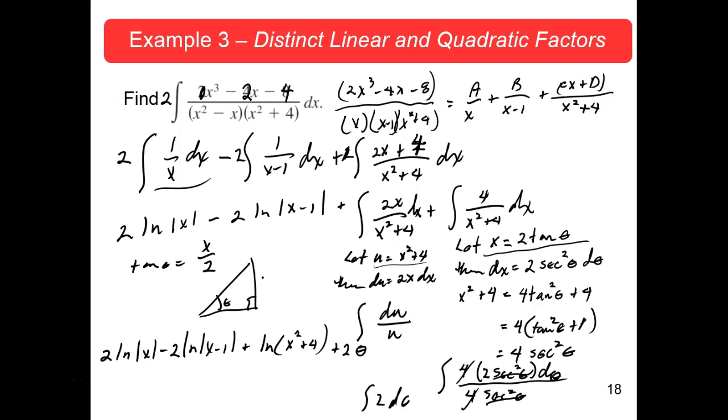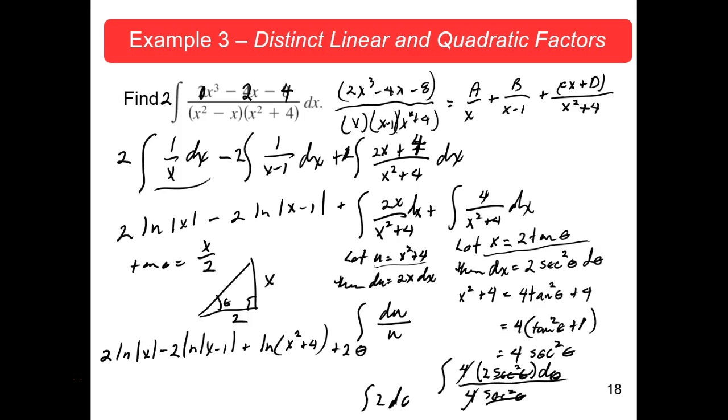Some old hen called another hen. Sine is opposite over hypotenuse. Cosine is adjacent over hypotenuse. And tangent is taking oats away. O is opposite and A is adjacent. So opposite would be x, adjacent would be 2.